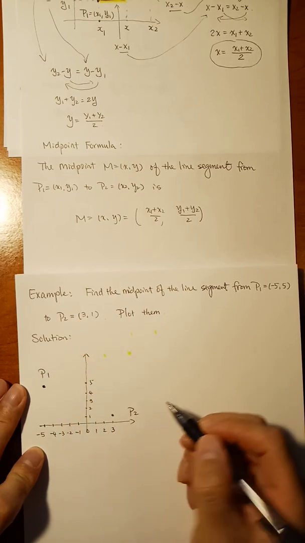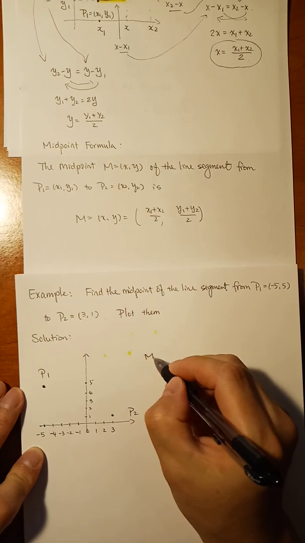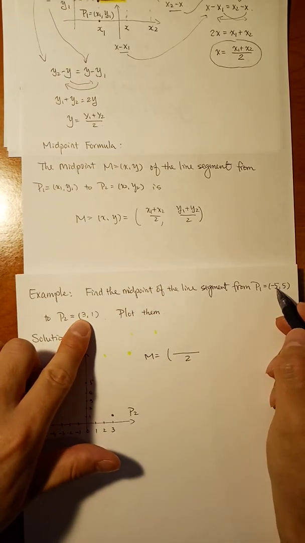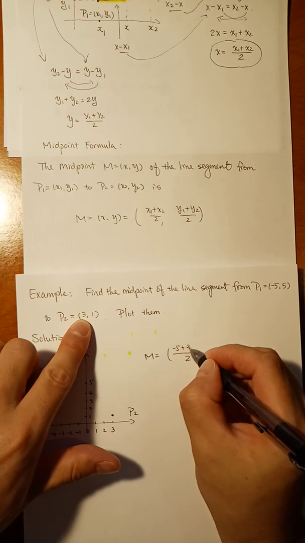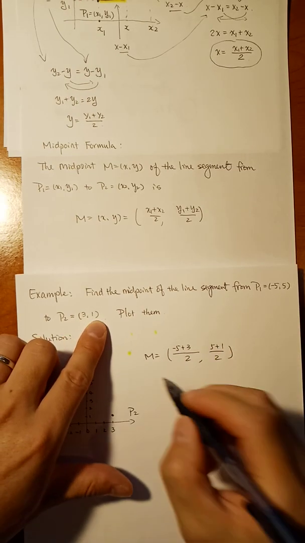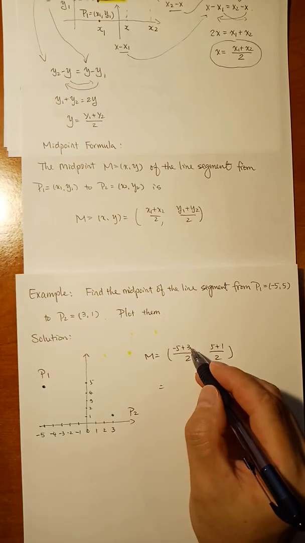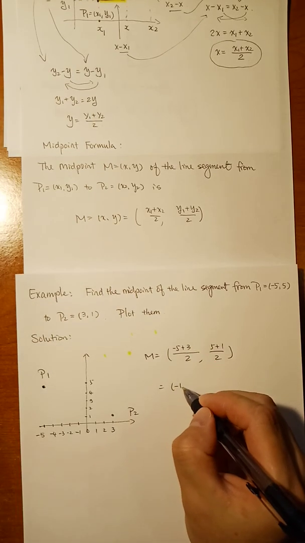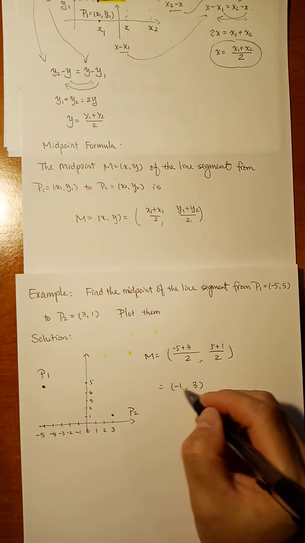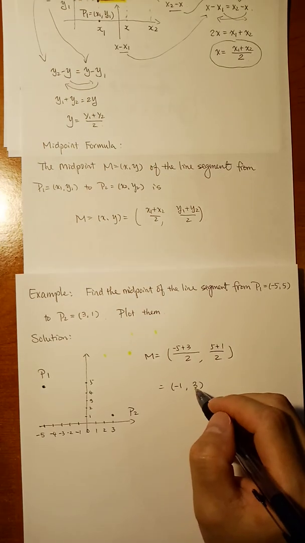This is P2. So what is M? M is one half of x plus x, so negative 5 plus 3, and y plus y, negative 5 plus 1, over 2. Negative 5 plus 3 is negative 2, over 2 is negative 1. Negative 5 plus 1 is negative 4, over 2 is negative 2. So it's negative 1 and negative 2, this is the midpoint.